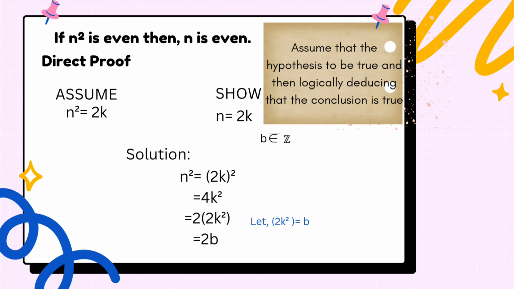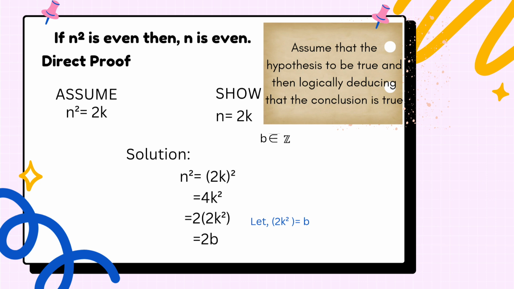Suppose that n squared is even, then n squared equals 2k. Let n equal 2b, where b is an element of some integer. Therefore, we use n squared, and the value of n equals 2k.